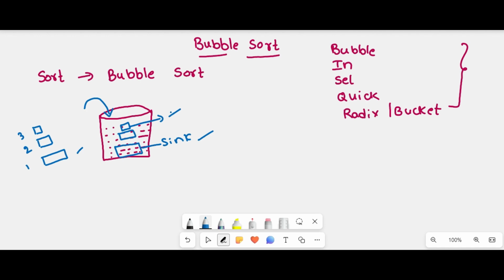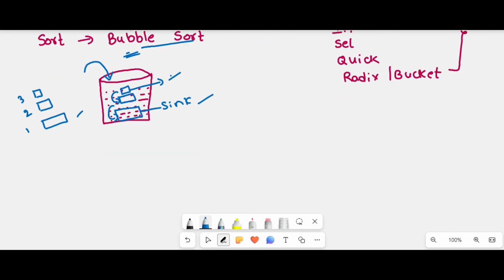Whenever a heavier object is thrown, bubbles form and that object moves to the last position. Like that, we are sorting the elements using bubble sort, by comparing sequential side by side elements. That's why the technique is named bubble sort.